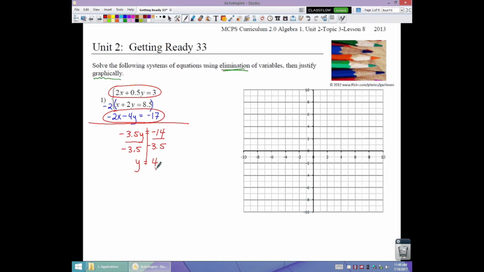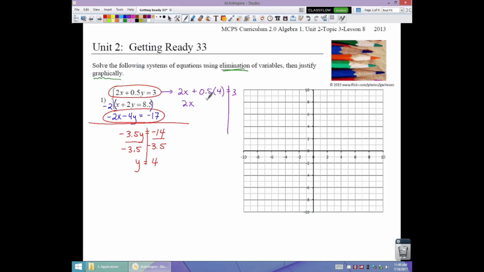Okay. Now, to solve for the other half of the point, to solve for the x, I need to substitute that 4 back into one of the equations. It doesn't matter which one. It is completely up to me. So I'm going to put it in this first one. So 2x plus 1/2 times 4 is equal to 3.